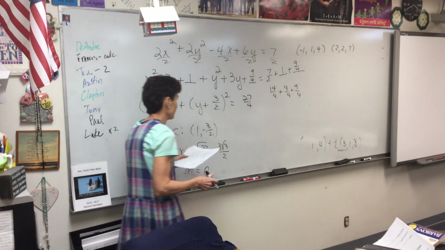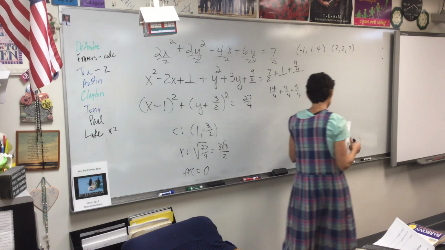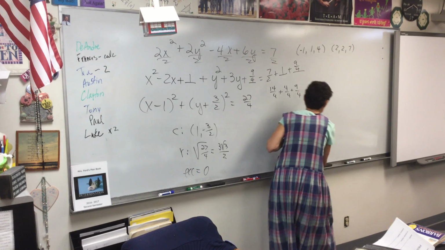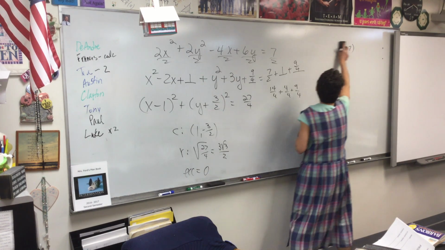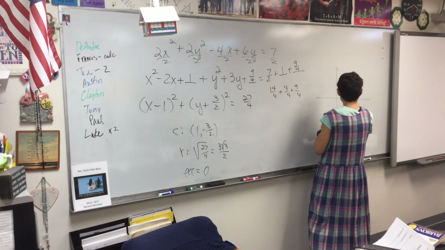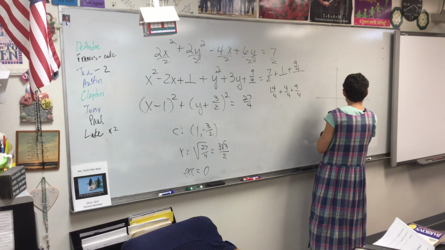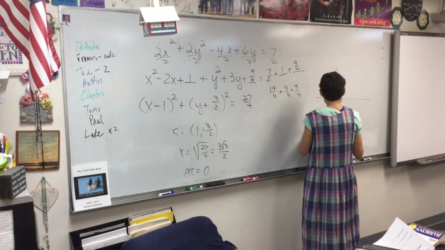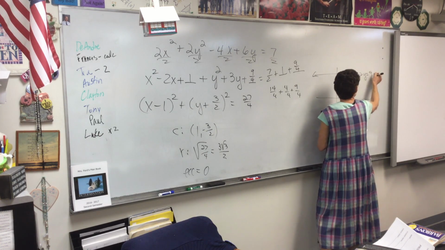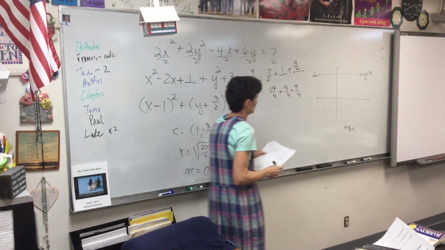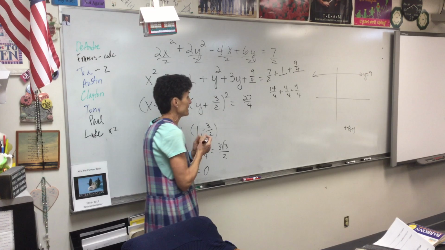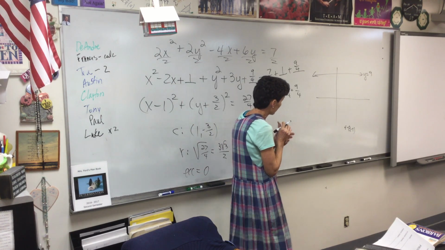How about 3a? We haven't done one of these today. Write the equation of the parabola with a focus at 3, -7, and a directrix at y equals 9. So we're going to write the equation of the parabola.